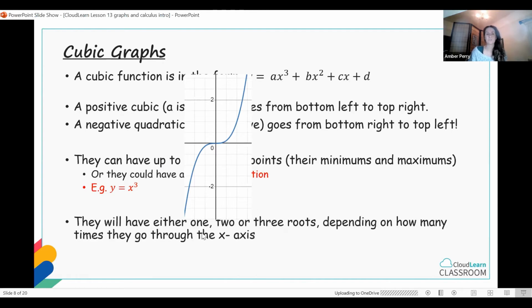And then they also have either 1, 2, or 3 roots. Okay, so remember the root is the point where it crosses through the x-axis. Okay, so it could cross through just one time like this one here does, or it could go up and then back down. Okay, it can't have 3 roots. My apologies, that's not correct.